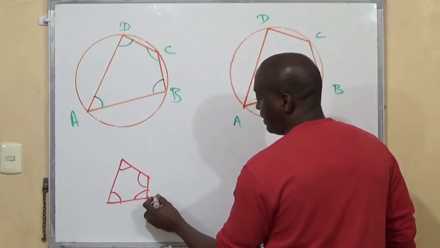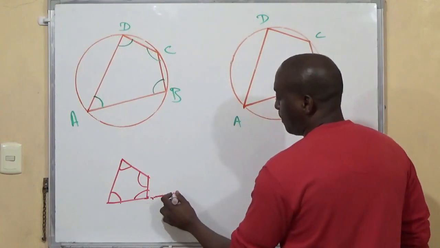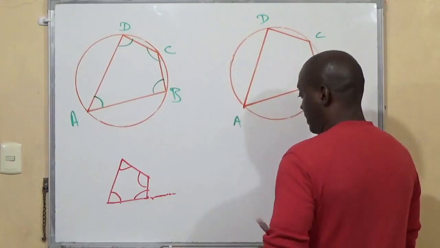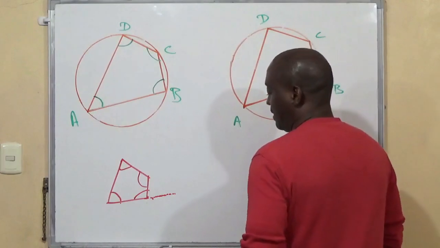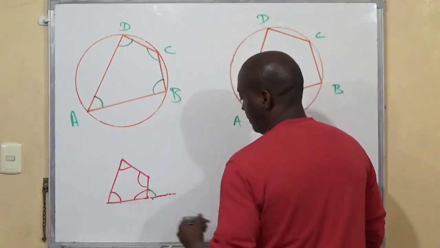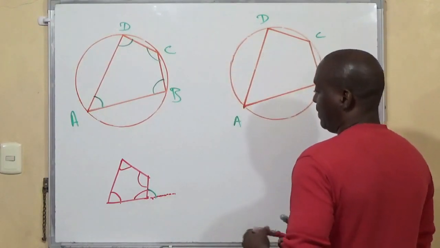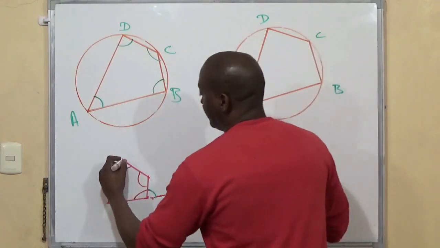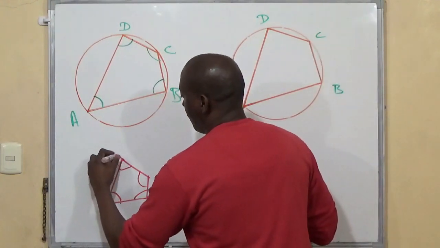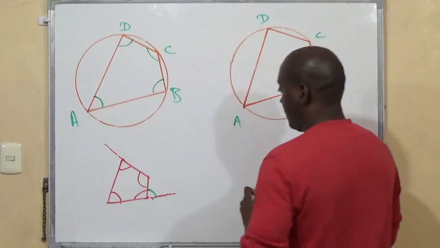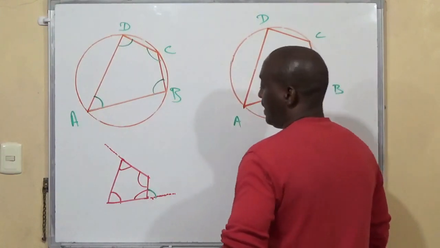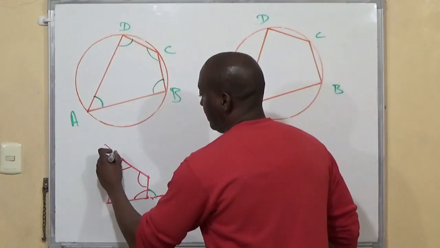So if you extend this side, you get an exterior angle here. And if you extend this side, you get an exterior angle here.